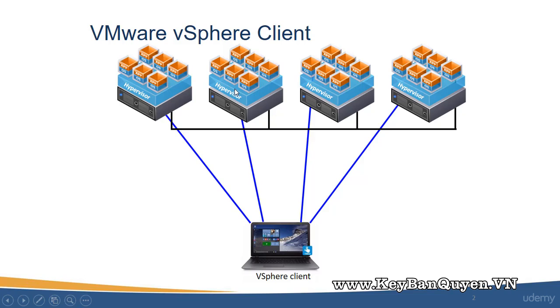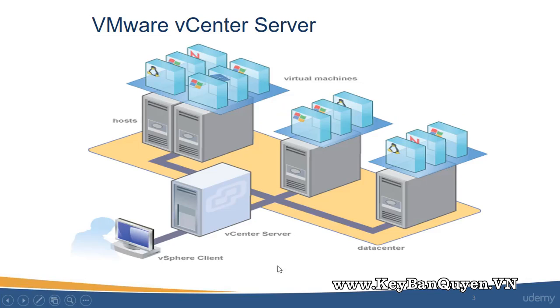If we want to use DRS and a lot of other tools or features, we need the vCenter. So for that, I told you that we're going to install a vCenter server, connect to it, and add all the hosts of our data center inside it.